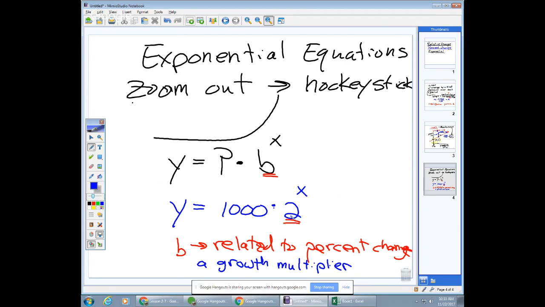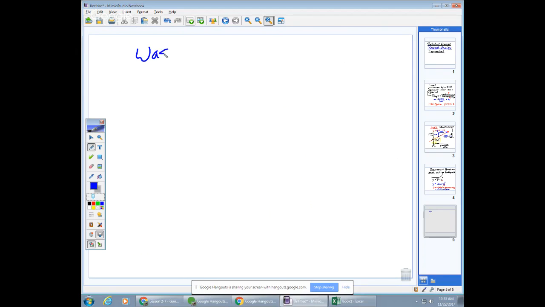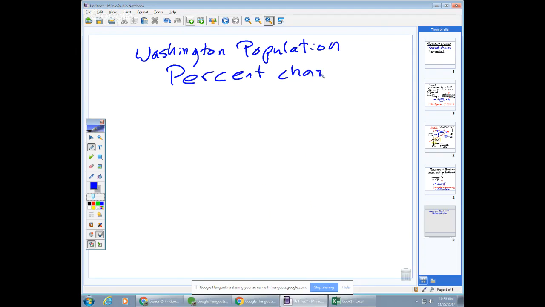So back to our Washington population example, viewing the percent change as being more significant than the absolute change. We calculated that it went up about 13.56 percent every 10 years.